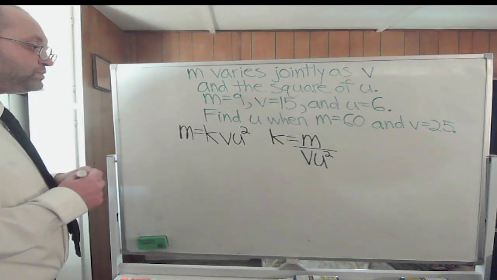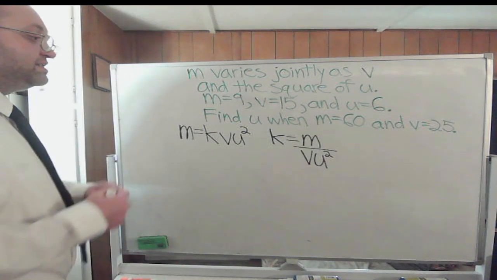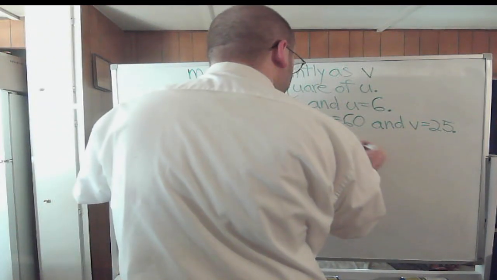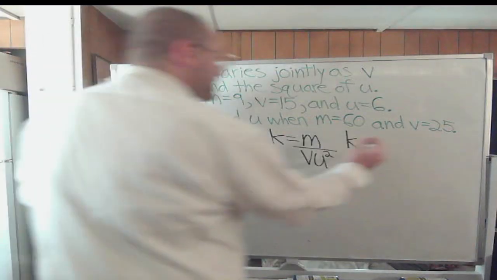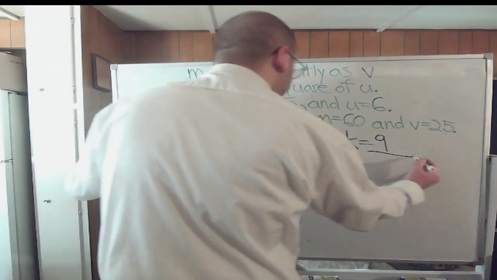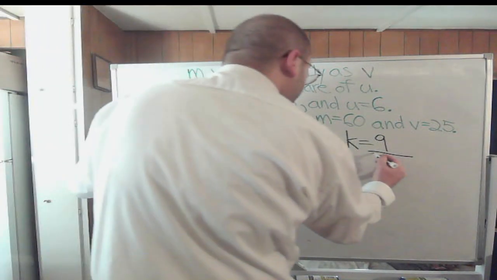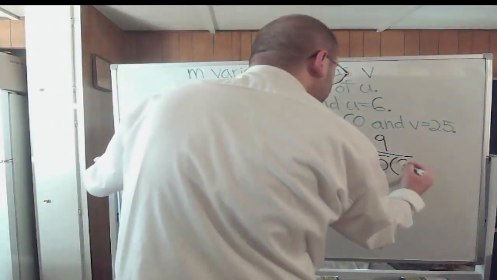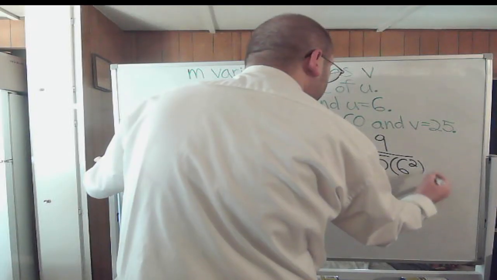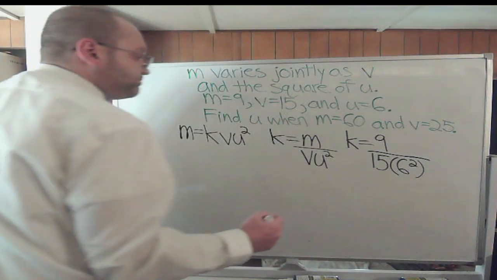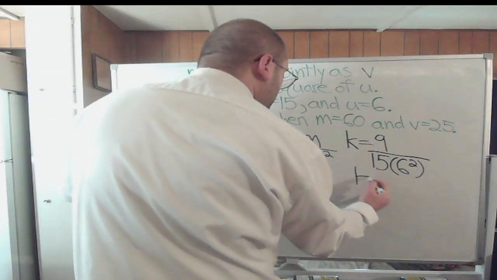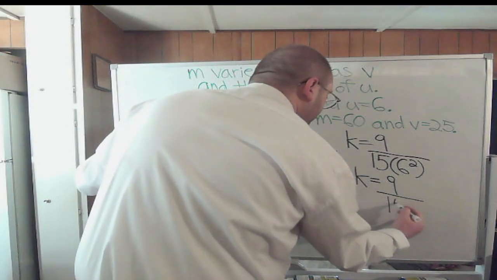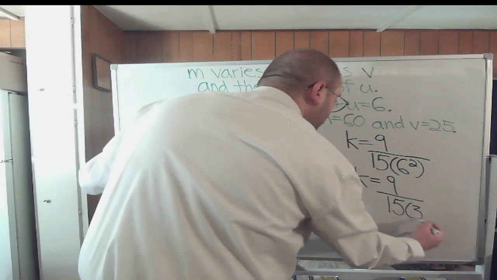Now, all that's left is to solve for the constant of variation. We just simply got to plug in the values we're given. So k is going to equal the m value of 9 over the v value of 15 times the u value of 6. But that'll actually be to the second because it's u squared. Which means we have k equals 9 over 15 times 36.